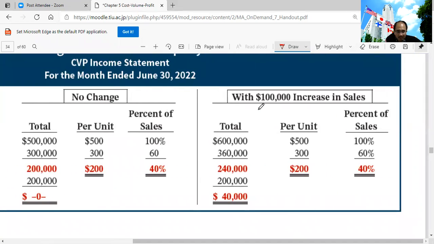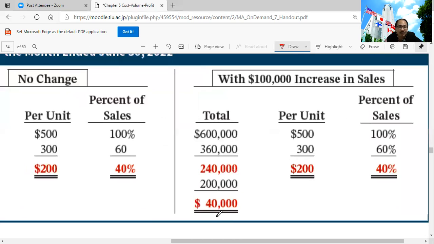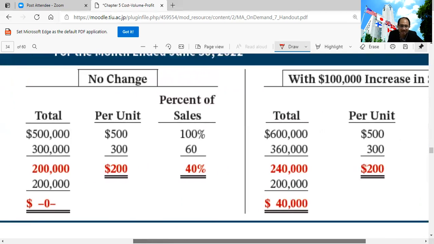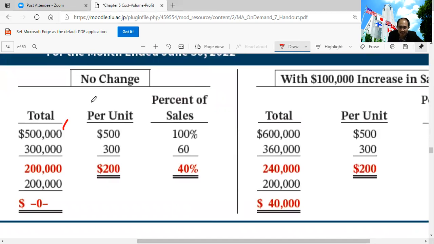Now with a $100,000 increase in sales, the total is 600,000. So the contribution margin will be 40% of 600,000, which is 240,000. Given the fixed cost is 200,000, net income will be 40,000. So have a look at this one. That's why the percentage of sales is usable, with no change and an additional 100,000.